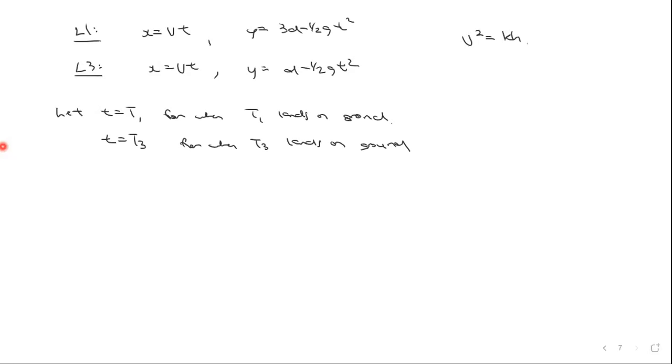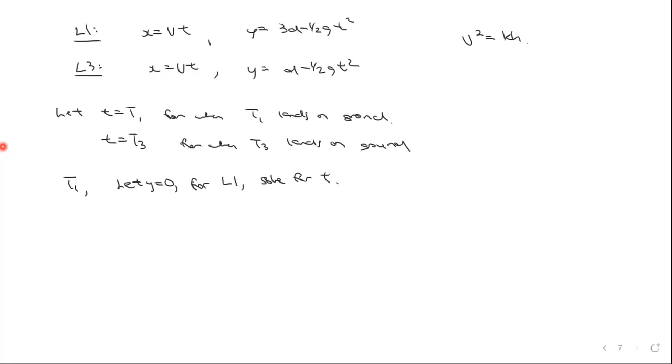So how do we find T1? Well, T1 is when y equals 0 for leak 1, and we basically solve for T.